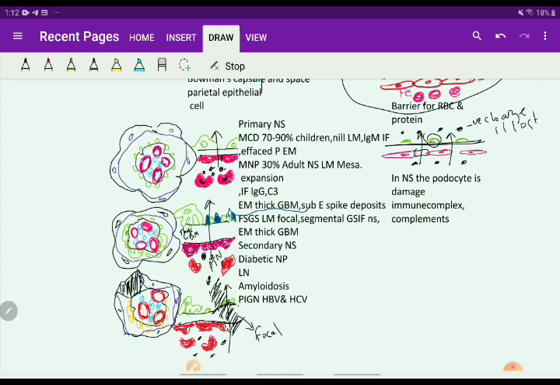Nephrotic syndrome is mainly classified into primary and secondary forms. I'm talking now about the primary. The main type of idiopathic nephrotic syndrome is minimal change disease. It occurs in children in 70 to 90%, and usually under the light microscope it looks normal, so we call it nil disease.